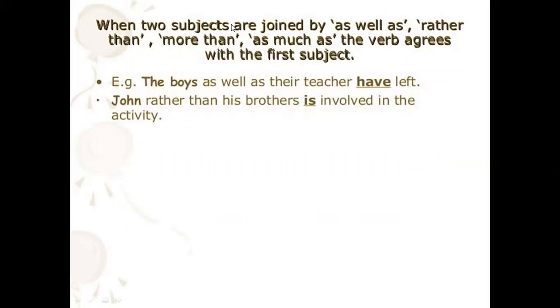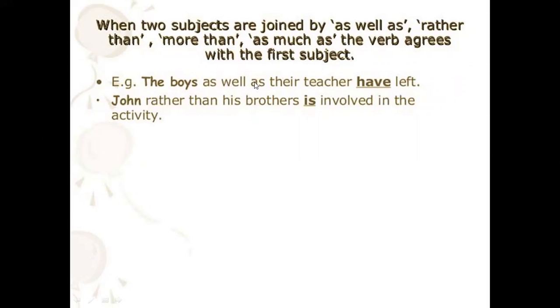When two subjects are joined by as well as, rather than, more than, as much as, the verb agrees with the first subject. For example, the boys as well as their teacher have left.